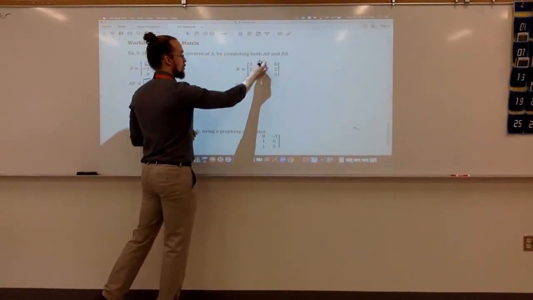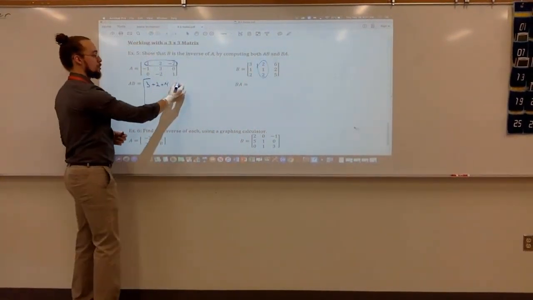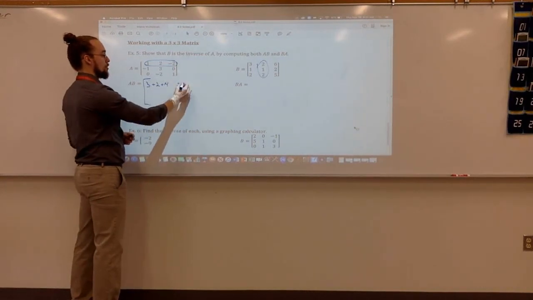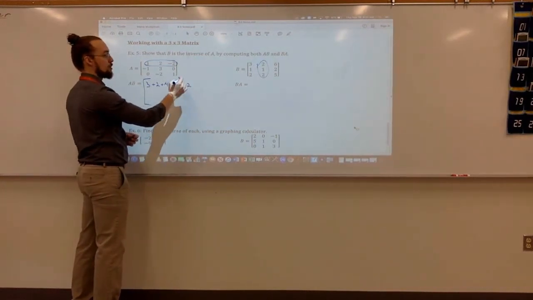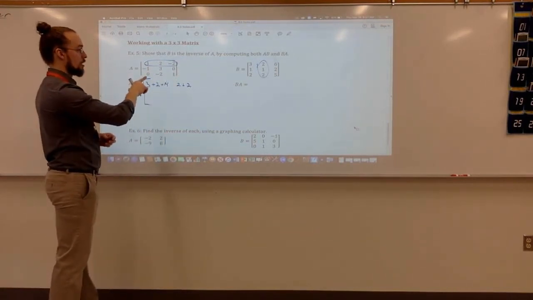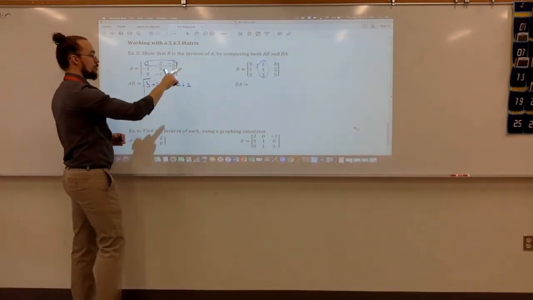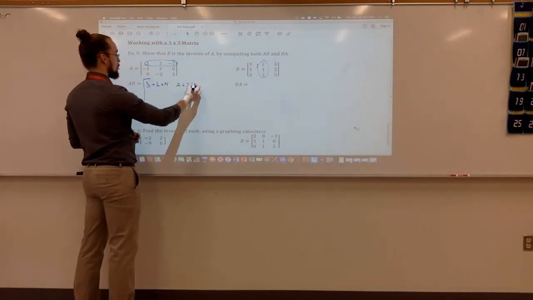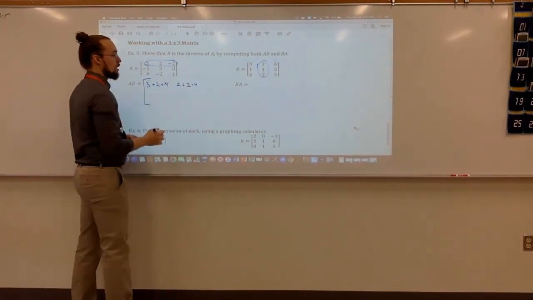Then first row, second column, 1 times 2 is 2, plus 2 times 1 is 2, negative 2 times 2 is negative 4.